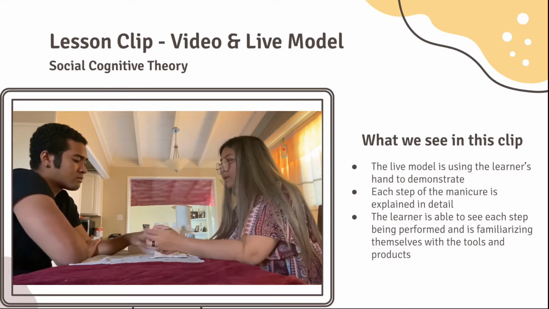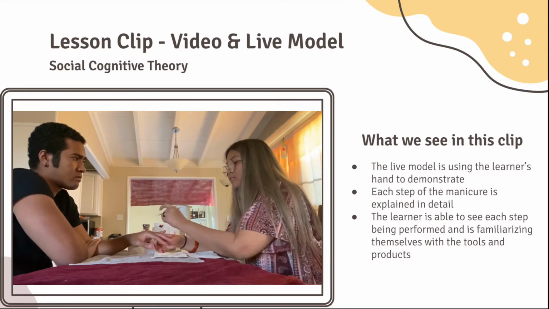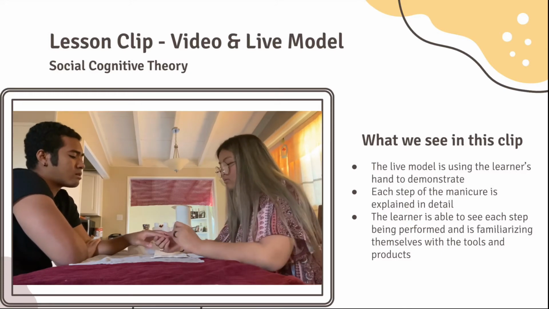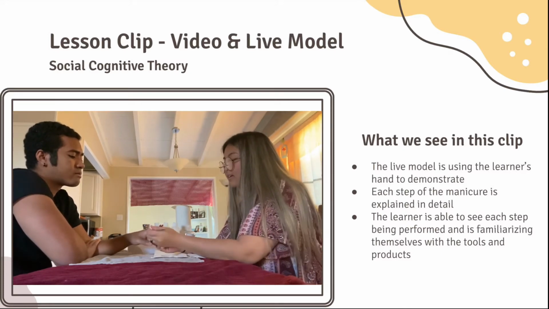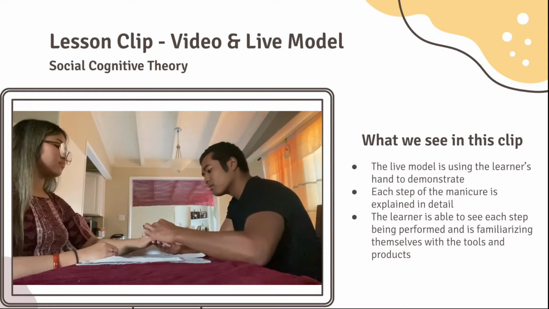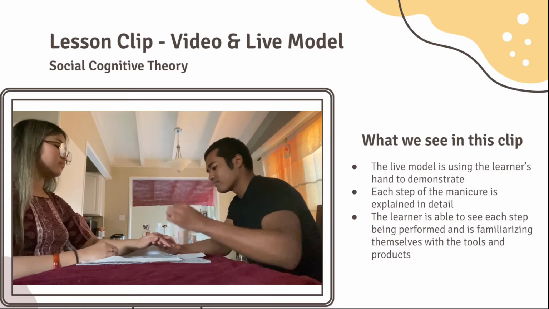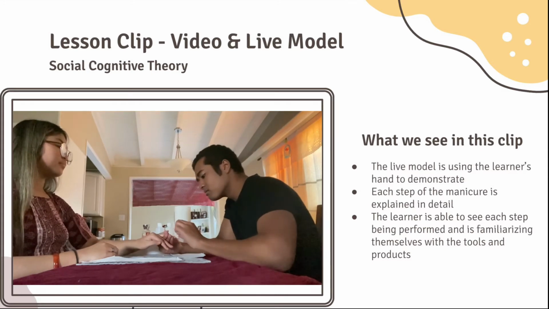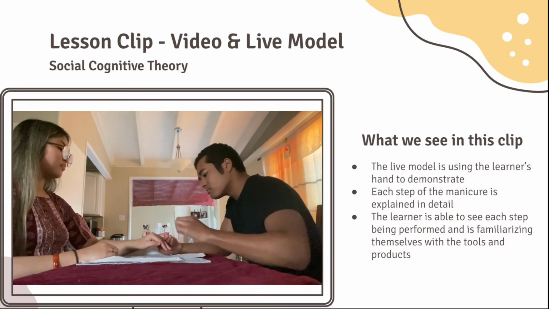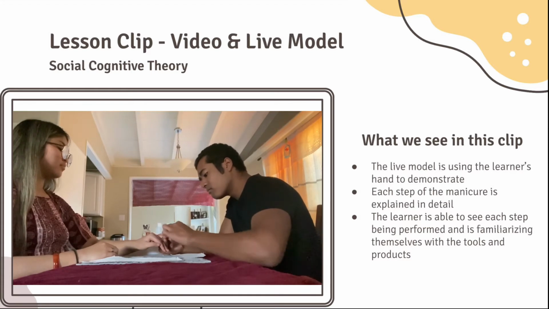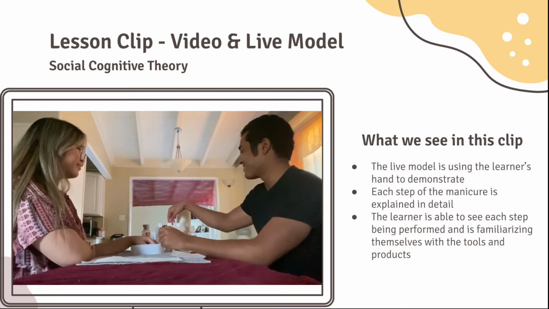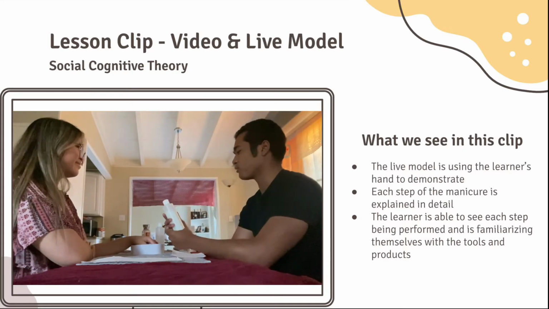You can see that the learner is paying attention and focusing and asking questions whenever he needs clarification. So now this is the part where he is using the knowledge that he just learned and applying it. You can see that there's a little confusion, so he has some doubt.